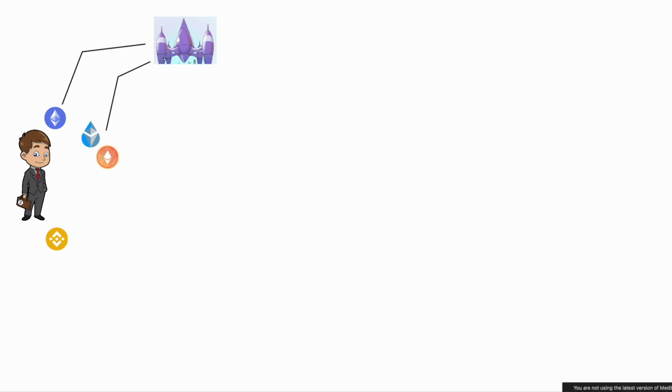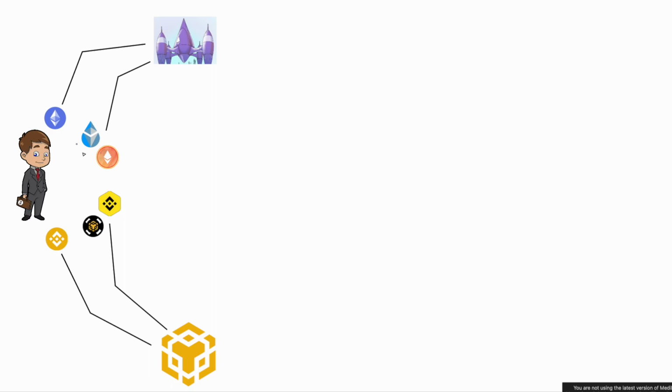He takes ETH and stakes it into the Beacon chain and gets some liquid staking derivative like Lido stETH or Rocket Pool ETH, or any of the other possibilities like Ankr ETH. He takes his BNB, stakes it, and gets back Ankr BNB or Stader BNB, whatever liquid staking derivative he likes to play with.